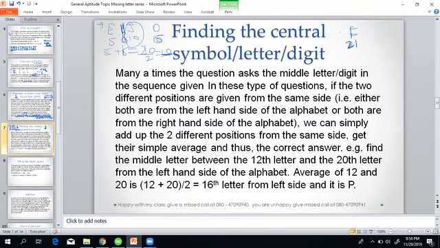H is at the 8th position. 8 plus 5, we know, is 13. 13 is not divisible by 2. 13 divided by 2 gives 6.5.